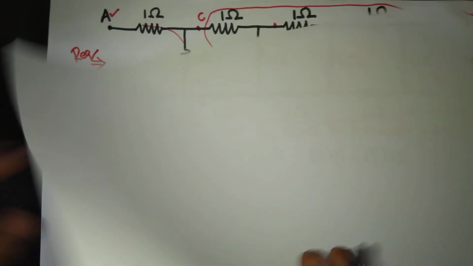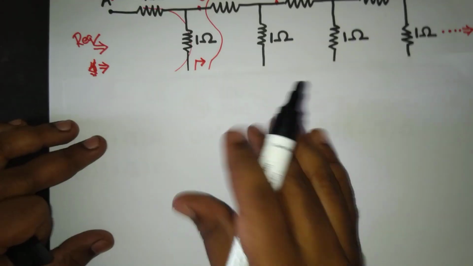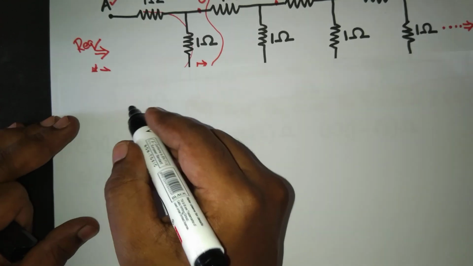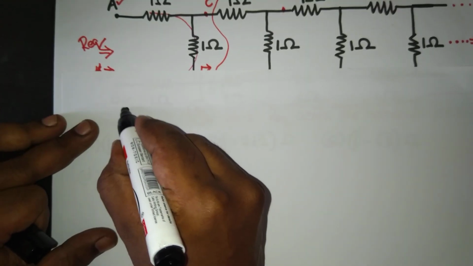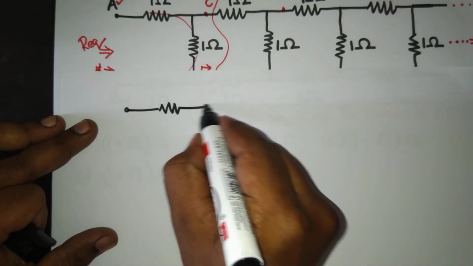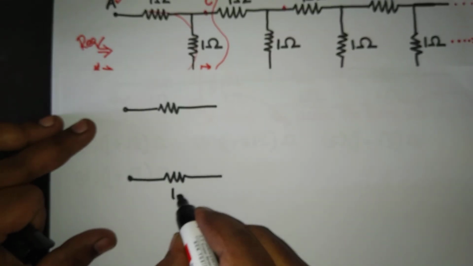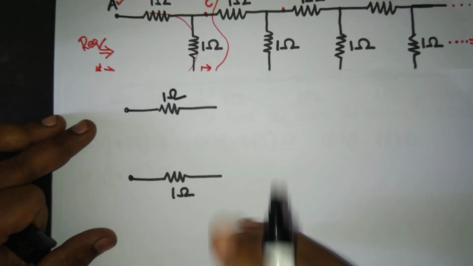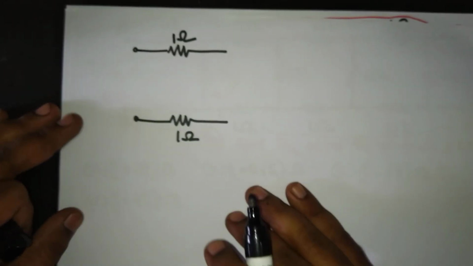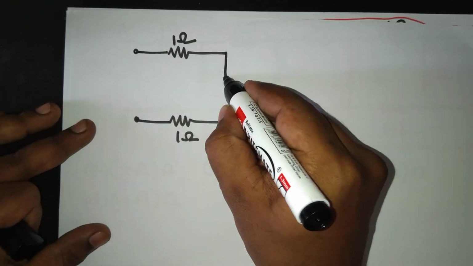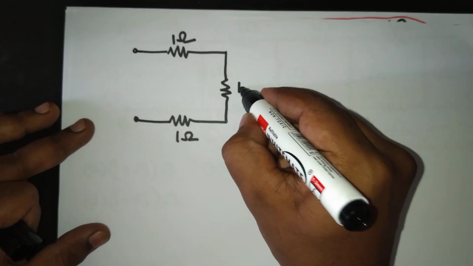So now what you do, I have 1 ohm here and again 1 ohm here, and I have 1 ohm here.